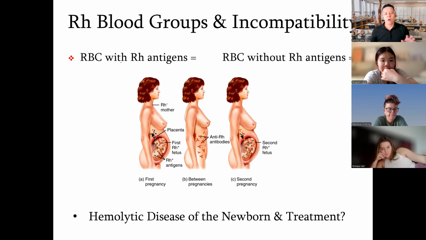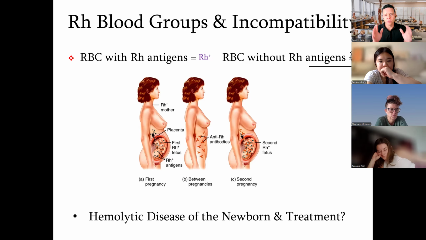Now, we know that you are Rh positive if you have the Rh antigen, or you are Rh negative if you don't have it. Let me tell you this: if you are Rh negative, that means you don't have antibodies against the Rh antigen. You've never been exposed to the antigen, so you don't have antibodies against it.